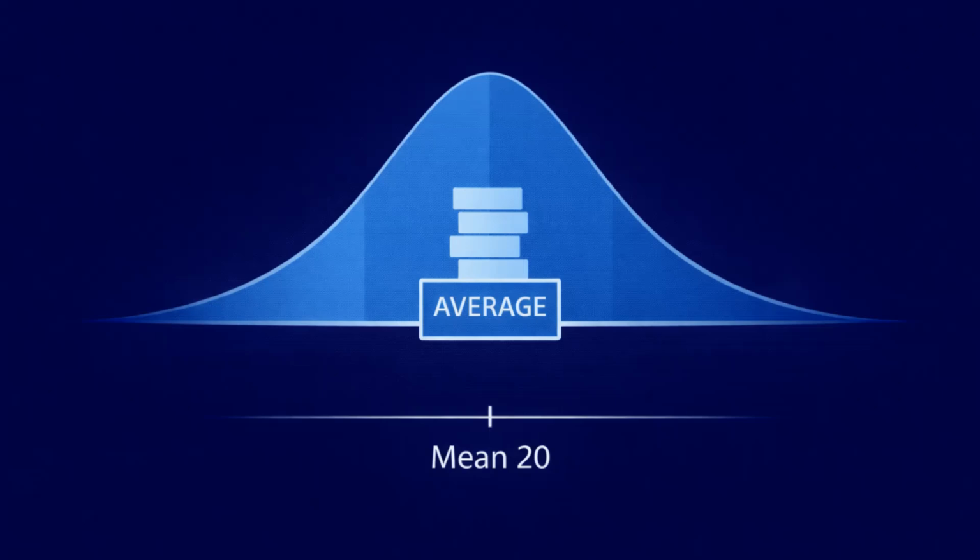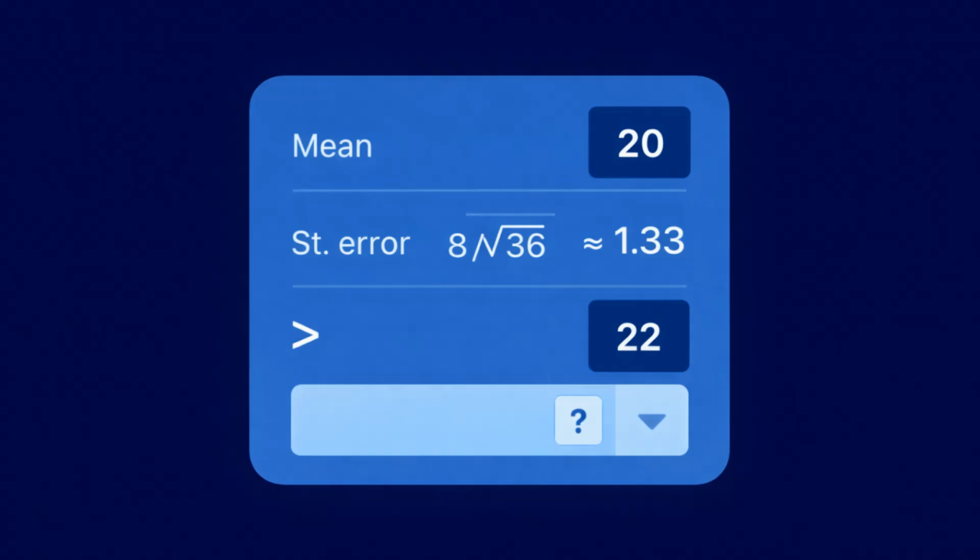This is a Central Limit Theorem situation, because the question is about a sample average. In StatCrunch or another statistics calculator, you still use the normal distribution tool. You enter the mean as 20. For the standard deviation, you enter the standard error, which is 8 divided by the square root of 36, or about 1.33.